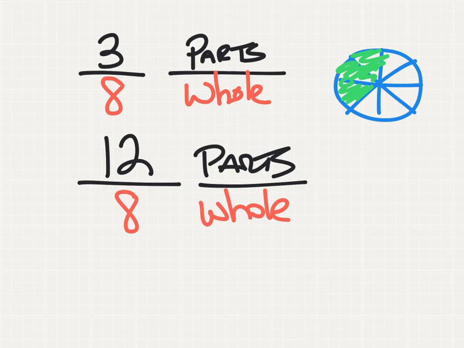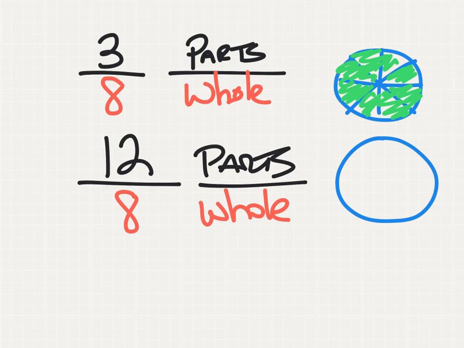But now, if I've eaten 12 slices, so those 3 and 9 more, 8 slices would make up one entire pizza. So I must now be into a second pizza, also cut into 8 slices.